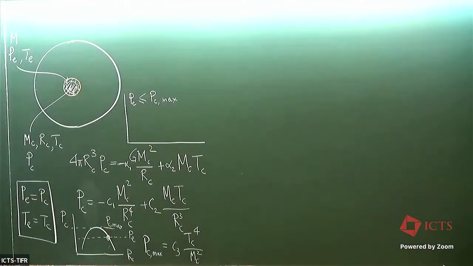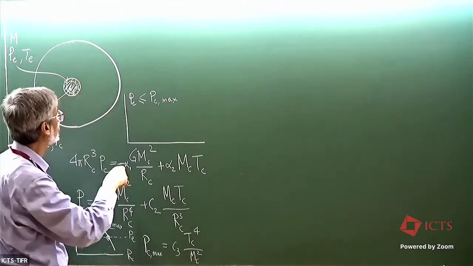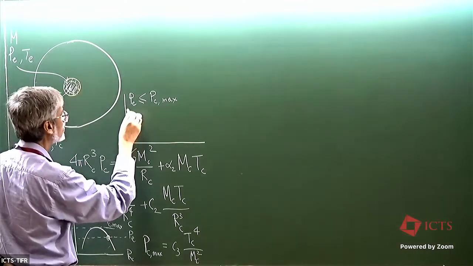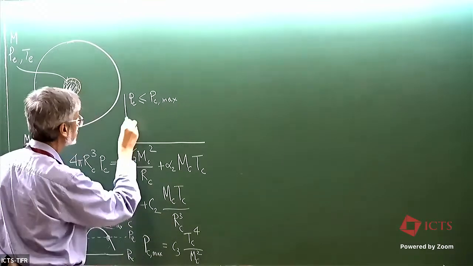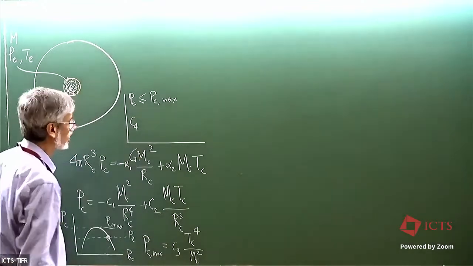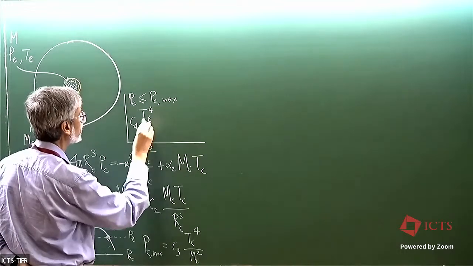Now Pe, it is like the full star. We have seen before the central pressure of the star can be written as some constant, another constant C4 times Te to the power of 4 by M squared.